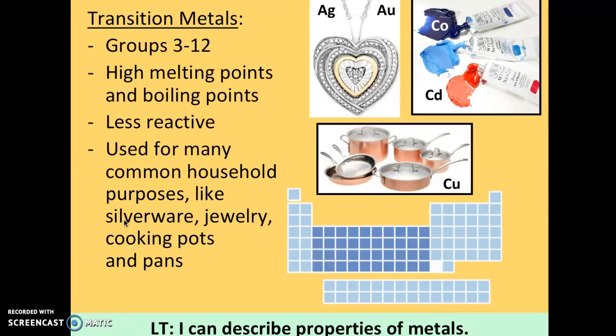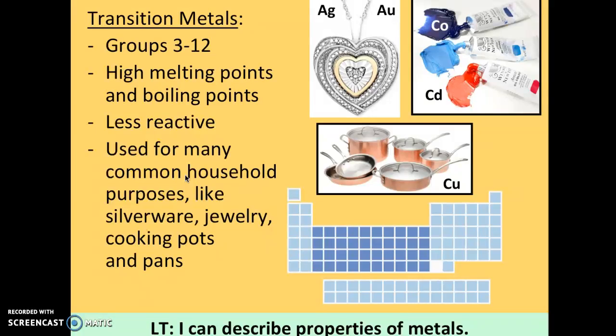Moving on to transition metals. So this is the big group 3 through 12. And these have high melting points and boiling points. They are not as reactive as the alkali metals and the alkaline earth metals. They are used for many household purposes.